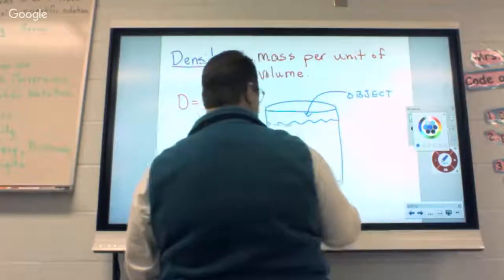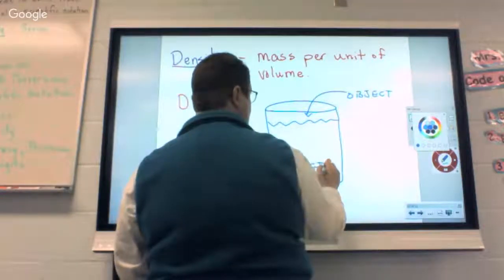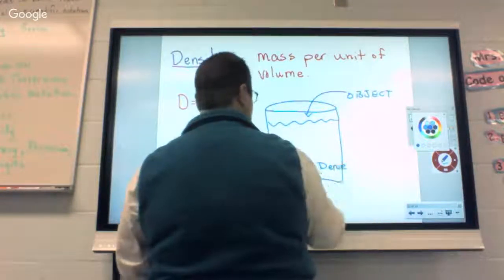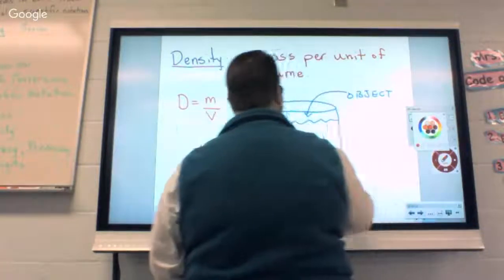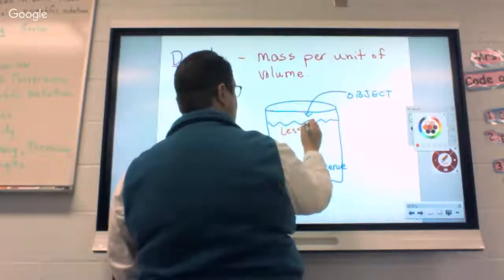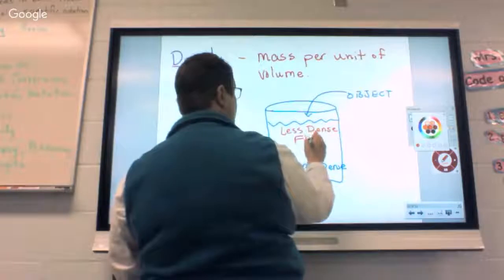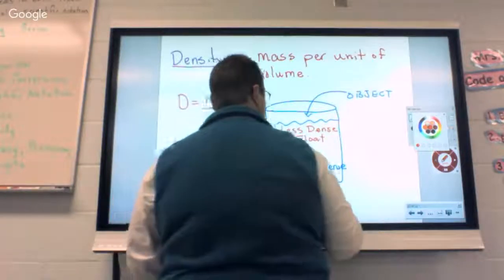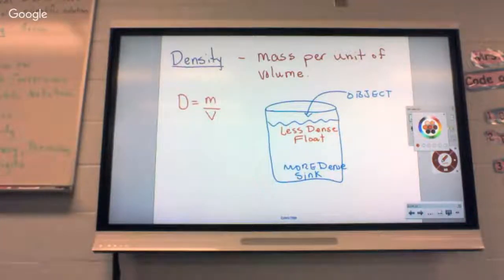If it is more dense, it will sink. If it is less dense, it will float. Anything that is more dense will sink. Anything that is less dense will float.